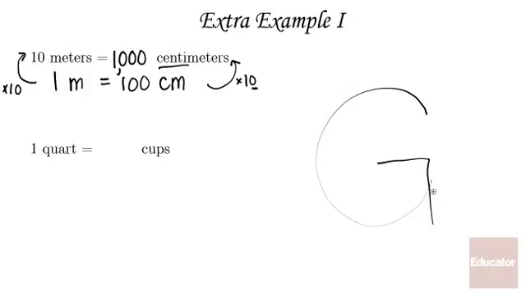Remember, I had 4 Q's, within each Q I had 2 P's, and within each P I had 2 C's. So in 1 quart, how many cups do I have? I have 4 C's, so 1 quart is the same as 4 cups.